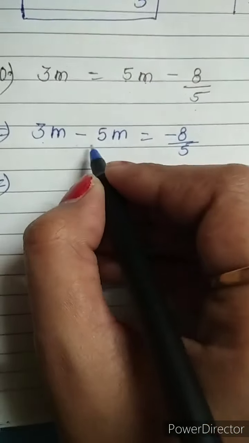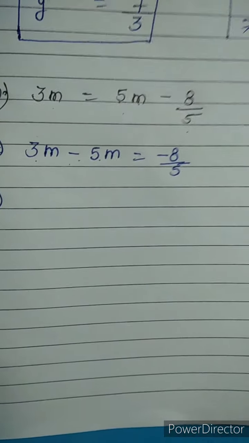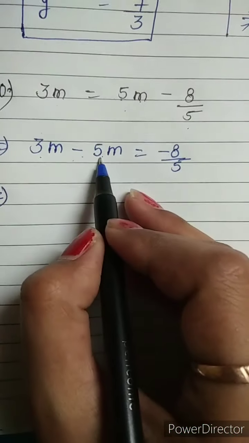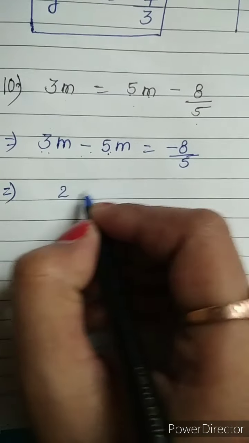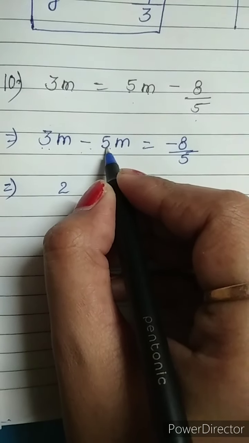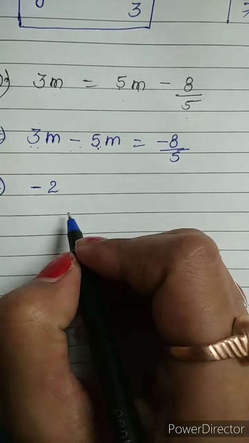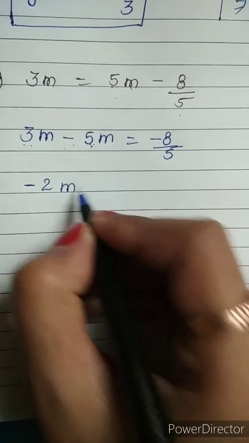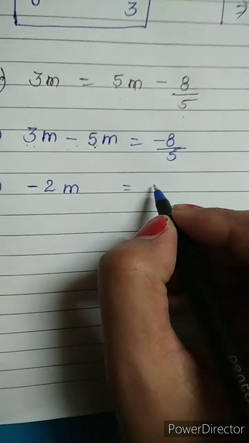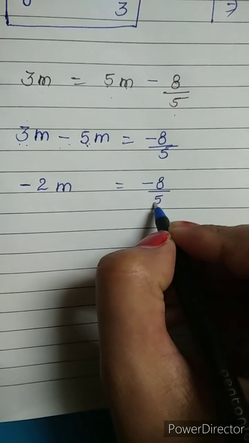Now 3 minus 5. 5 minus 3 is 2, but 5 is the bigger number, that's why the minus symbol will come here. That means minus 2m is equal to minus 8 by 5.